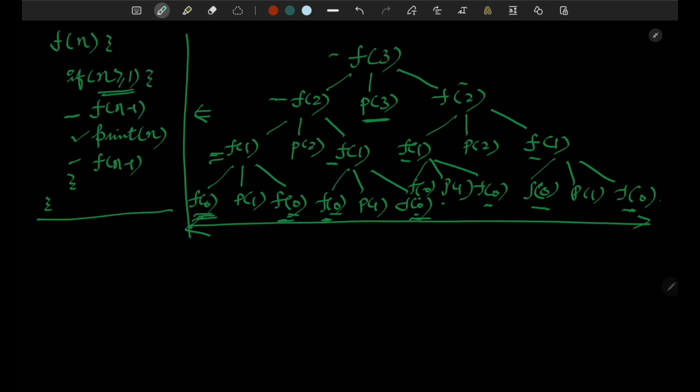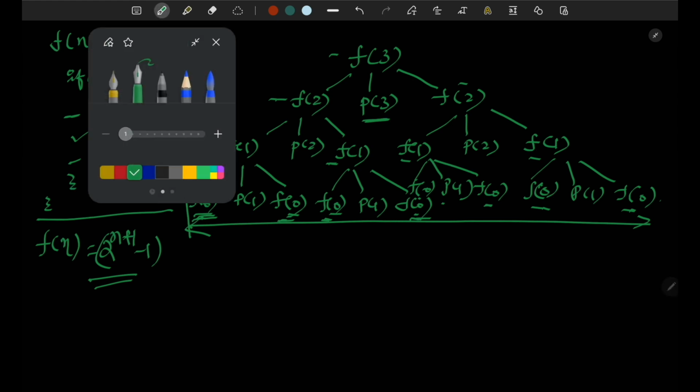So one thing is for sure, that in order to evaluate f of n, we need to make this many calls, right? And now let's track this particular recursion tree and try to find out in what manner we are going to populate the stack.